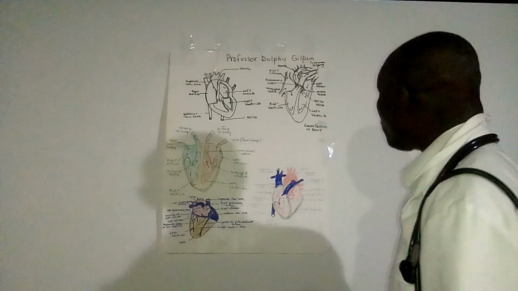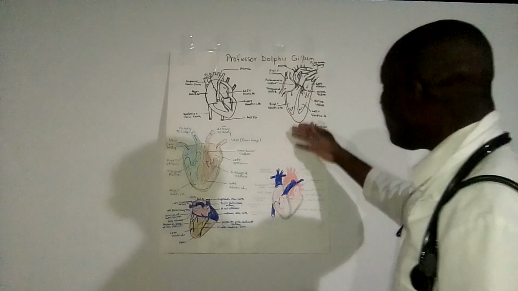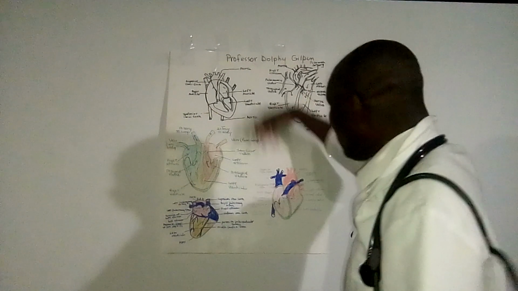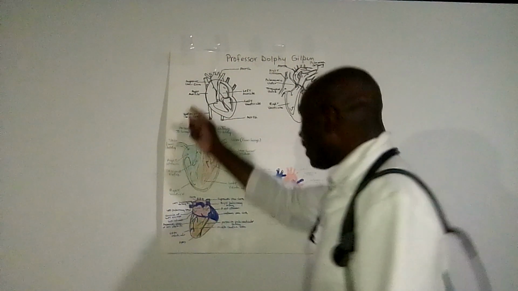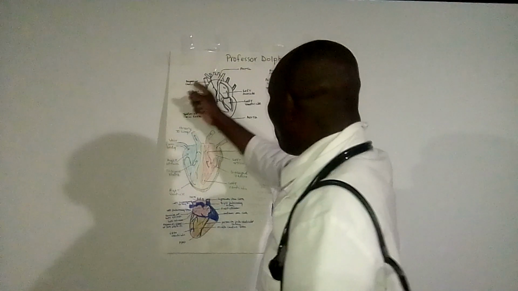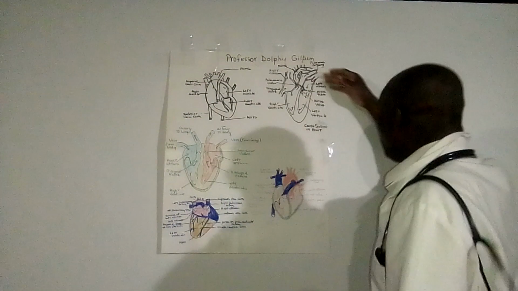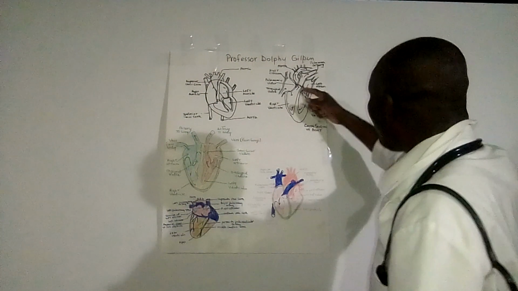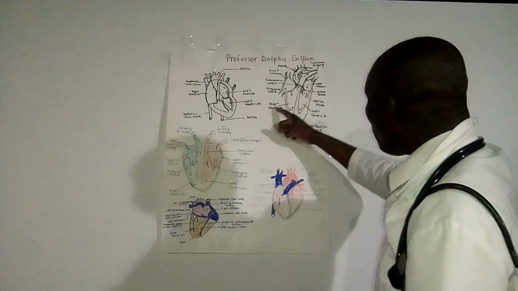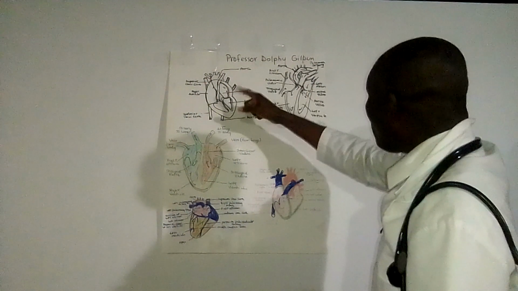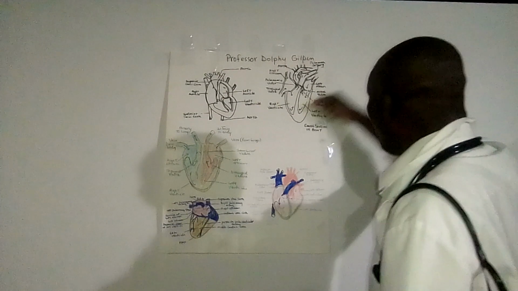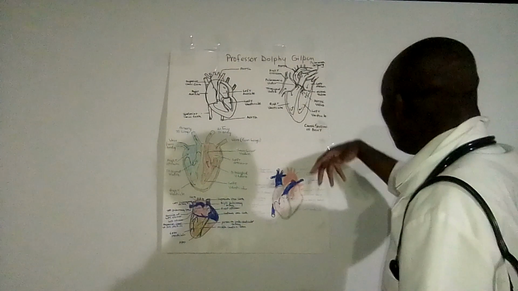I will leave this up to the students for all the labelings: the aorta, the left auricle, the left ventricle, the descending aorta, inferior vena cava, the right auricle, and the superior vena cava. Here, a little bit more detail. We have the mitral valve and the tricuspid valve and the right ventricle, and those were mentioned over there already. It's just the valves, this plus the valves here.